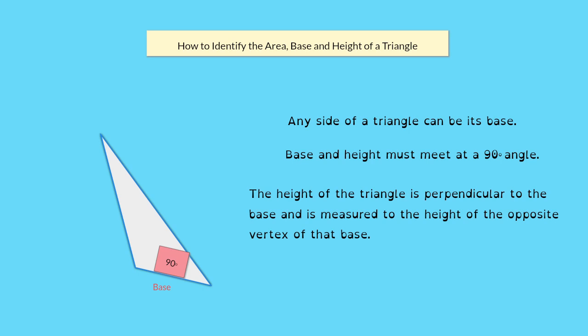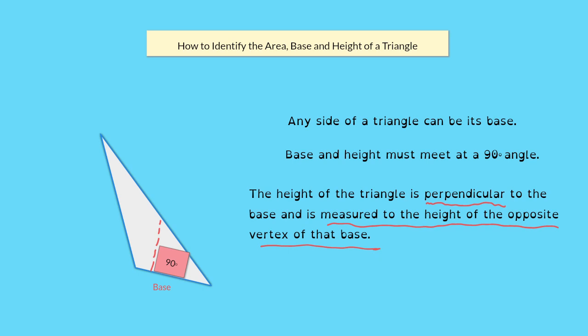And so if this is the base, then my height is going to be perpendicular to the base, 90 degrees from the base. That is my height. And now the other thing about my height is the height is perpendicular. We got that part. But the height has to be measured to the height of the opposite vertex of that base.